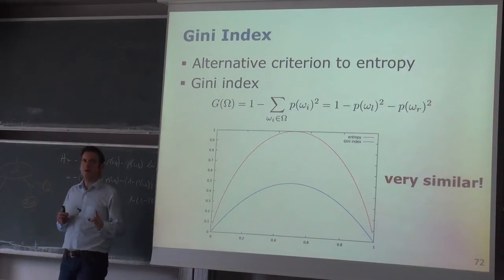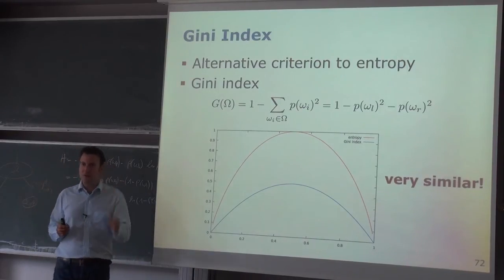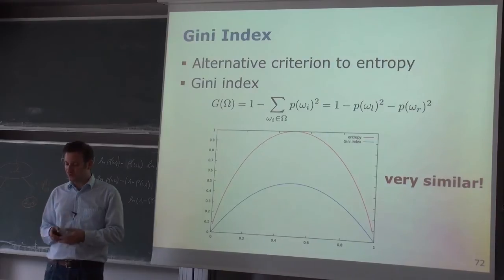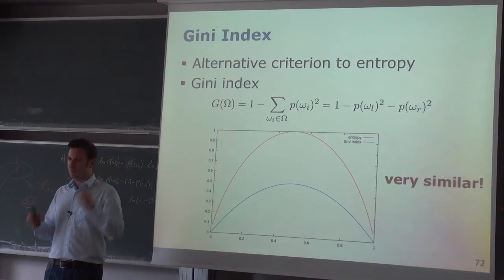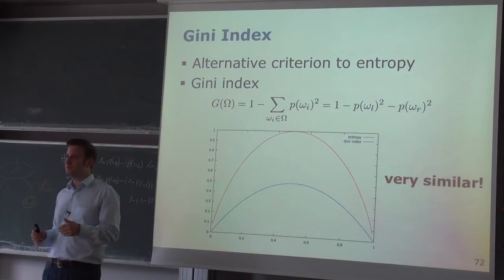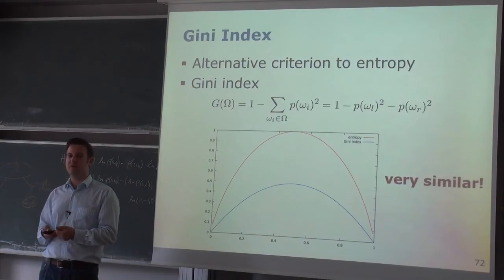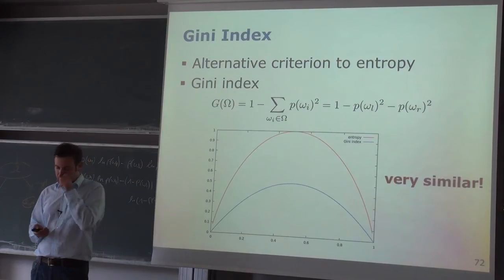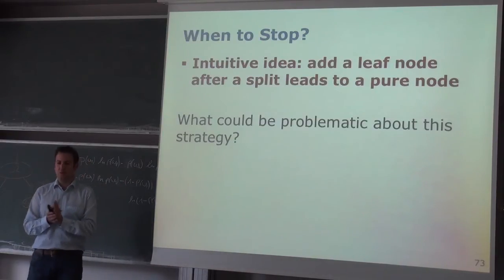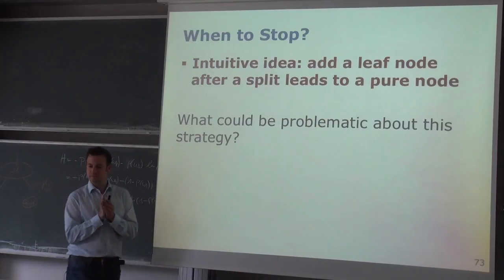Okay, now what we know is we want to build up a decision tree, and we know at every point in time which decision we should actually make. Right? Just look at all splits we can do and select the one which performs best under our impurity measure. So the next thing is, when should we stop?